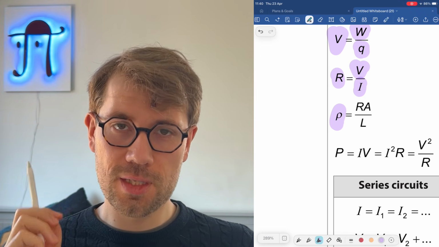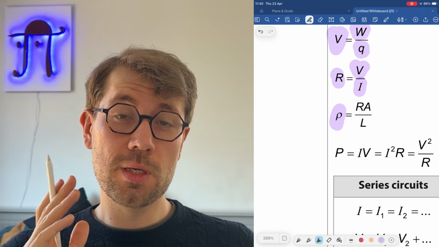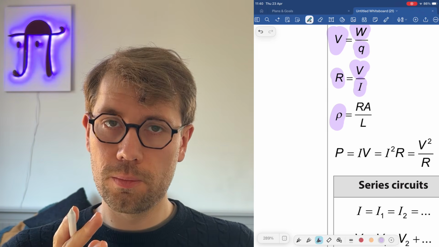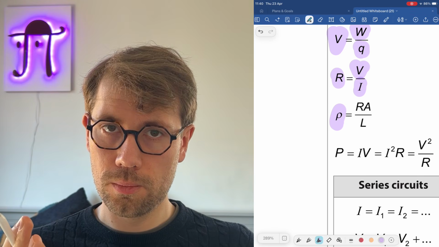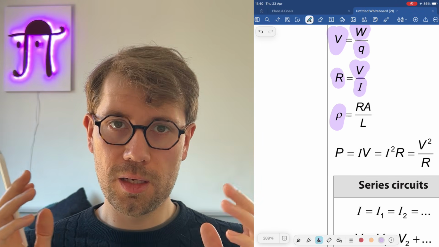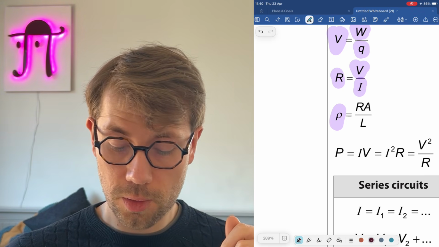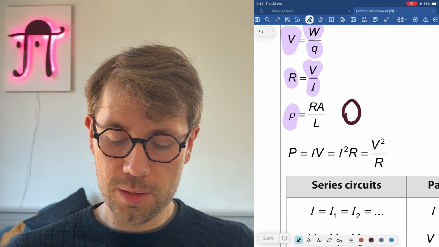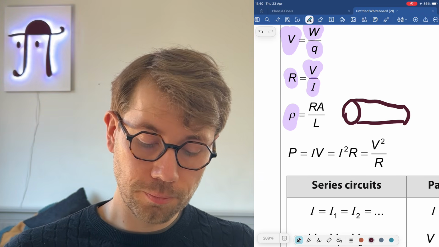It means resistivity, which is different to resistance. Resistance is a property of an object. Resistivity is a property of a material. So if I had a long cylinder, and this is generally how these ones go, because a long cylinder can be like a model for a resistor or a model for a wire.